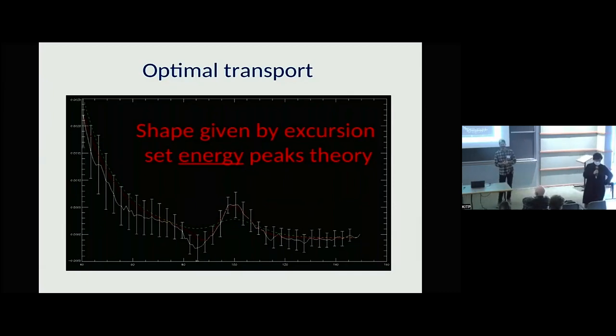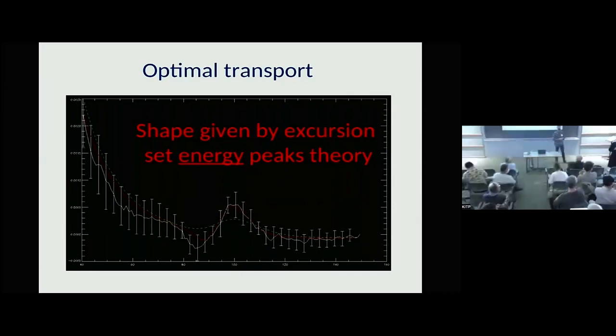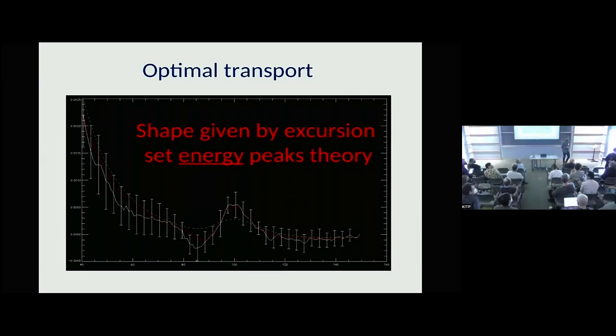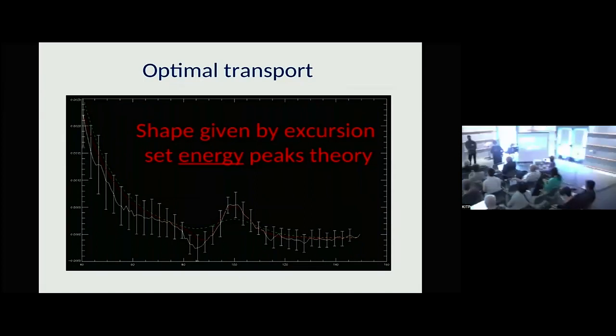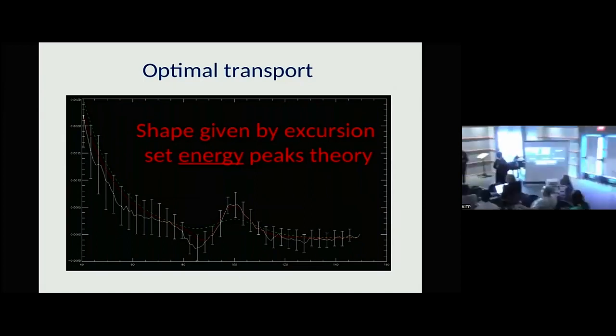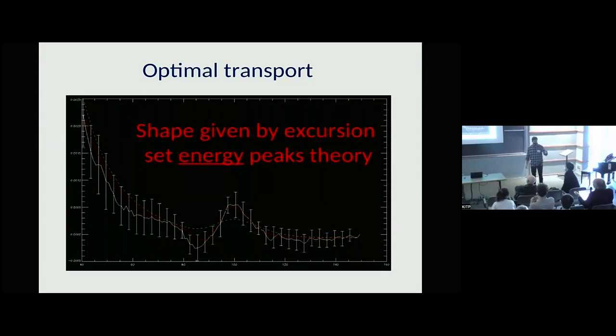Chris? Quick question. How does the energy transport algorithm you presented differ from Monge-Ampère-Klimantovich? Is it the same thing? Okay. It is the same. So it's Monge-Ampère. The only thing is that it's the Monge-Ampère problem done with the semi-discrete rather than the discrete.